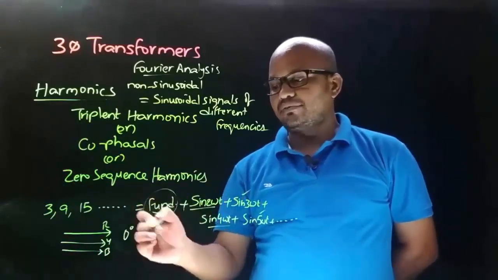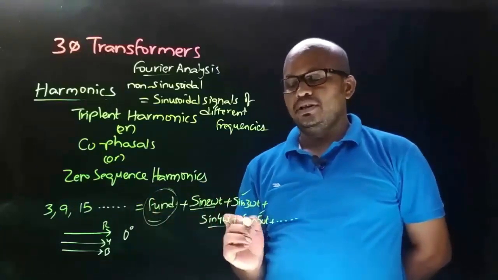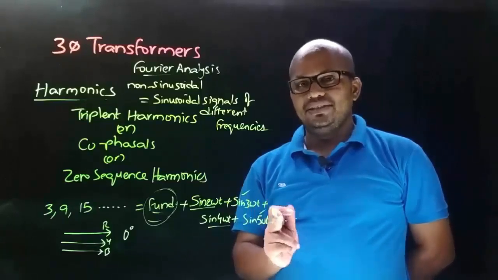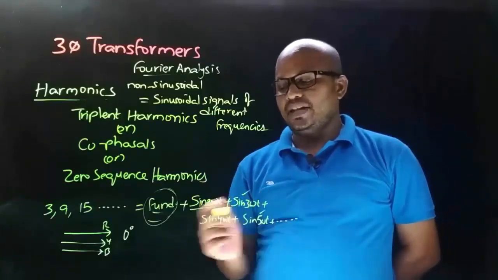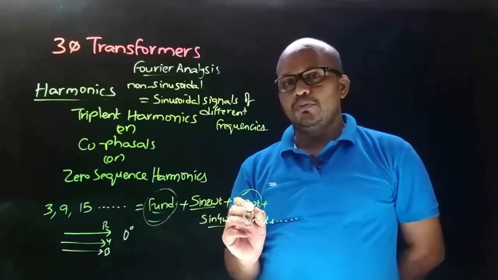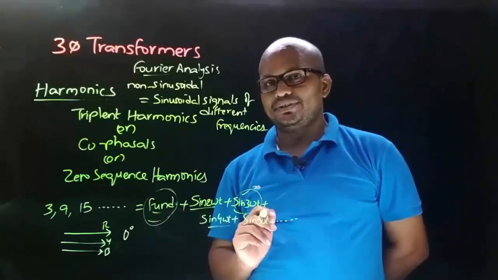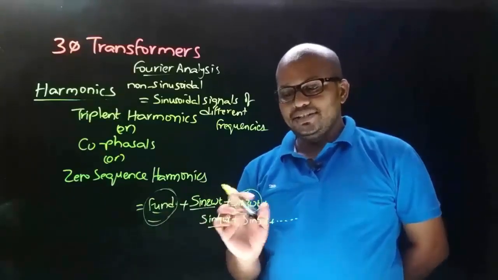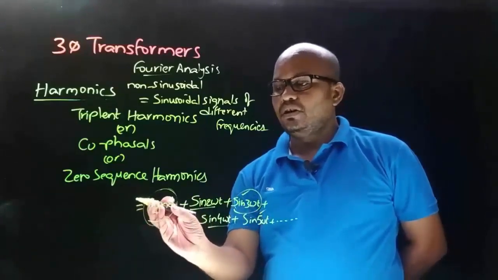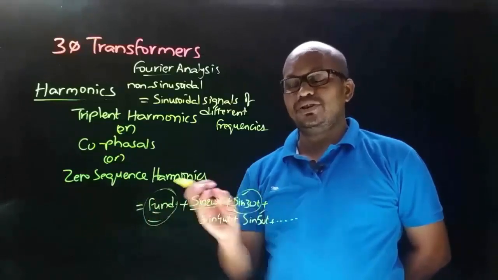So this is our required signal, and along with this we have odd harmonics, and the odd harmonics are of order 3, 5, 7, 9, etc. Of these, the frequencies which are multiples of 3 are called triplen harmonics. Because of these odd harmonics, our fundamental signal, that is our pure sinusoidal signal, is becoming non-sinusoidal, which is not desired.